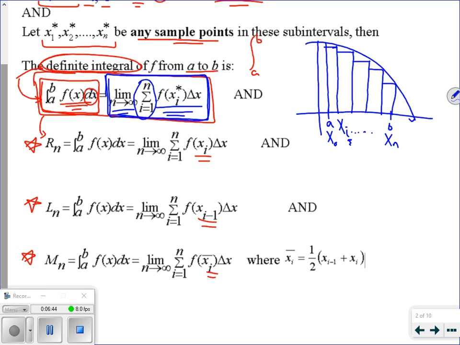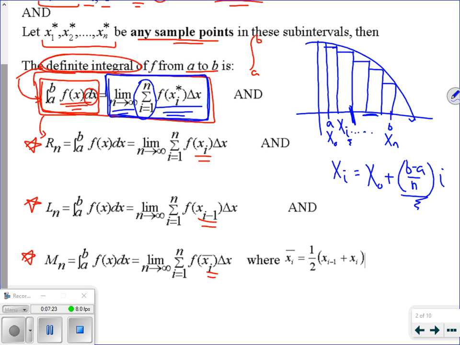So let me define I. X sub I is just equal to our first term x sub 0 plus, and it represents any x value in that interval A to B. So how we write that is the length of any of our rectangles, which is b minus a over n, times I. So for instance, if I want to know this x value right here, that's x sub 0 plus 2 of these lengths.